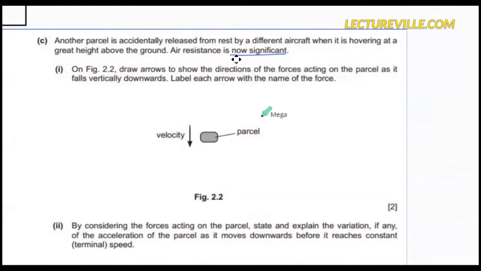On the figure, draw an arrow to show the direction of the forces acting on the parcel as it falls vertically downward. Label each force with the name of the force. Object is having a velocity downwards. So these are the forces acting.